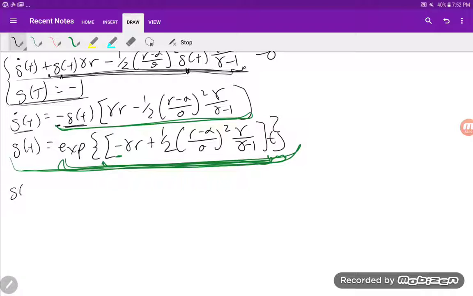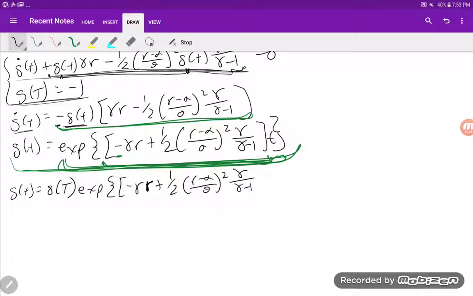So we can say that g of little t equals g of big T times the exponential of negative gamma r, plus 1/2 r minus alpha over sigma squared, gamma over gamma minus 1, and then again it'll be times that.